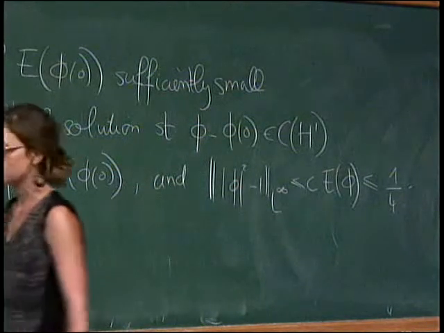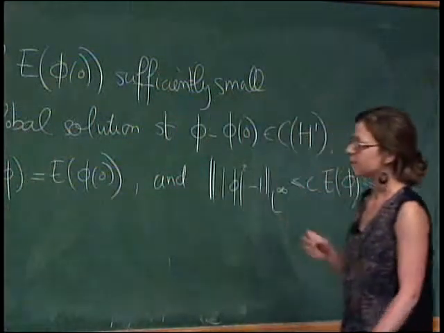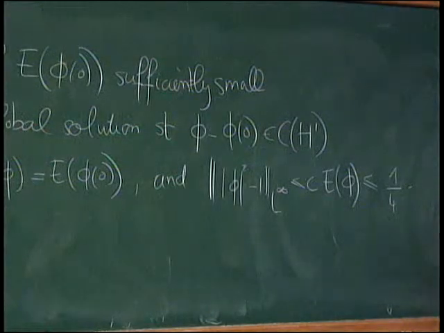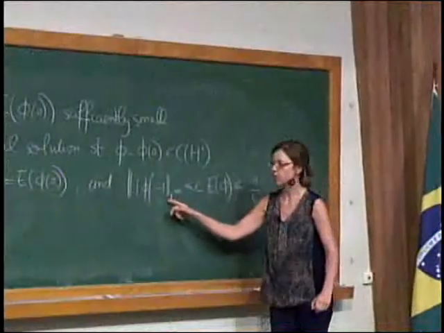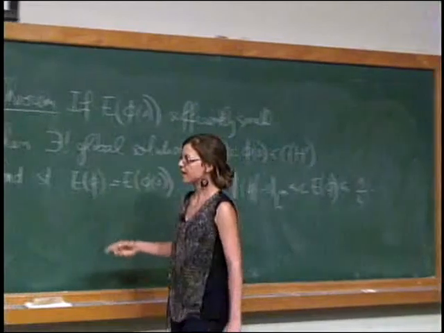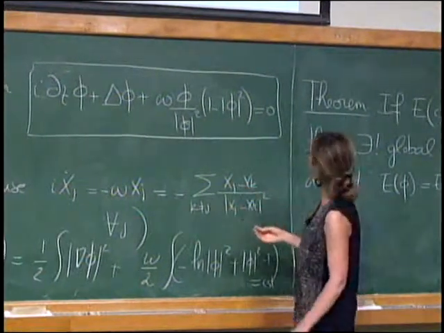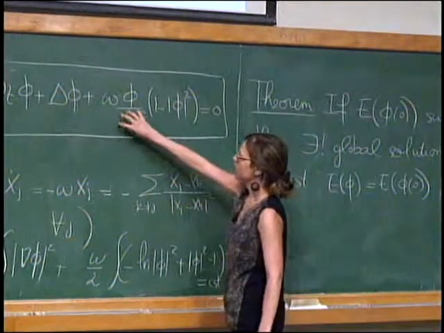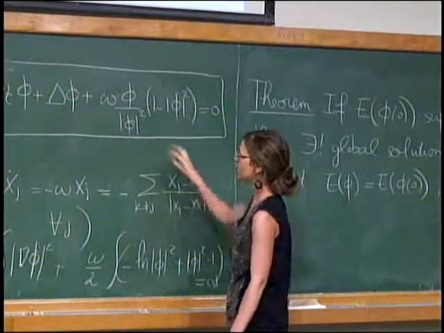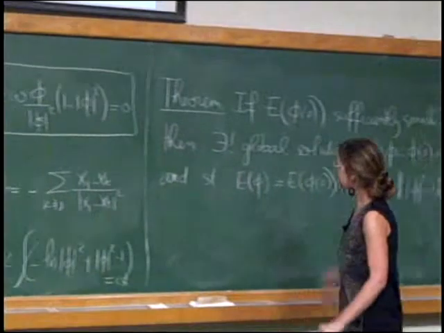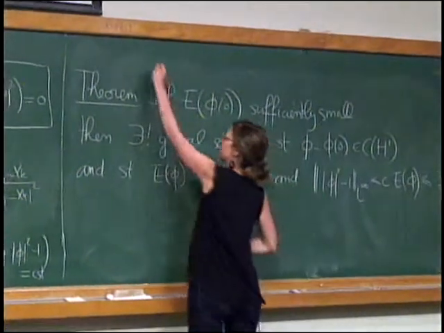So it's a regular one. And in fact, when the energy is very small, the modulus of phi will be very close to 1, and we get a Gross-Pitaevskii-like equation. So in fact, the Gross-Pitaevskii equation is the same equation when you remove the 1 over the modulus of phi squared. And this theorem holds true if omega is positive.